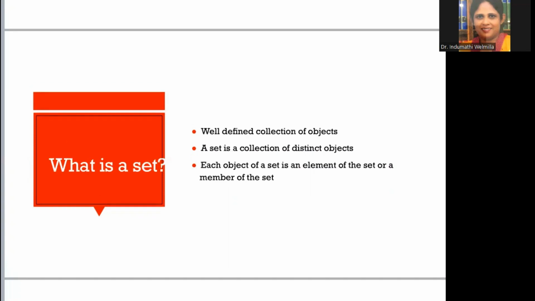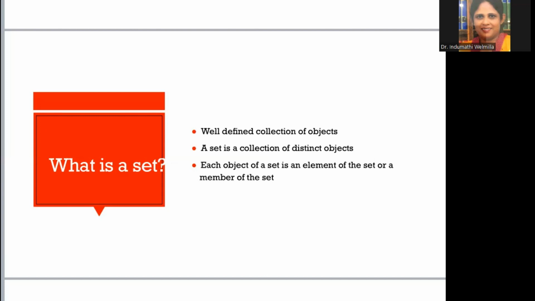So first, we move to the introduction of sets. What is a set? Generally, we can say sets are represented as a collection of well-defined objects or elements, and this does not change from person to person.